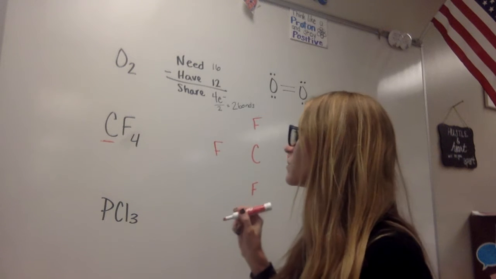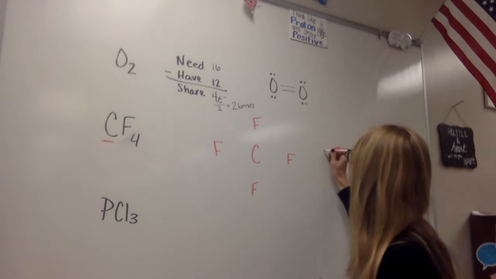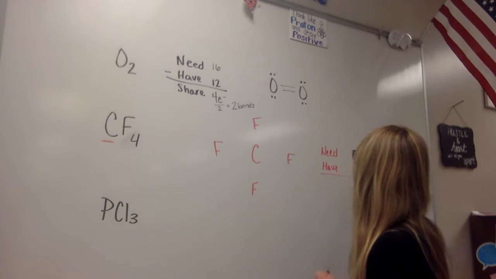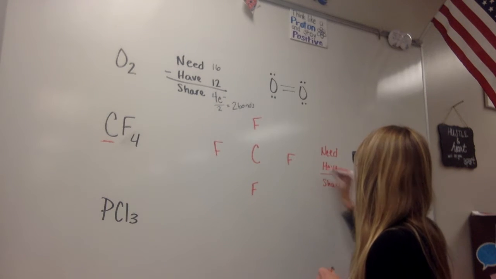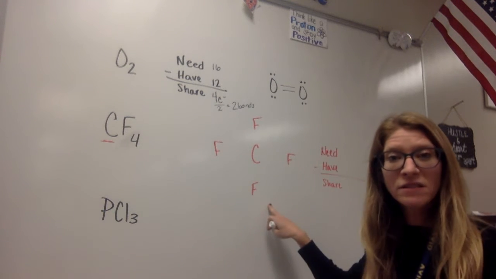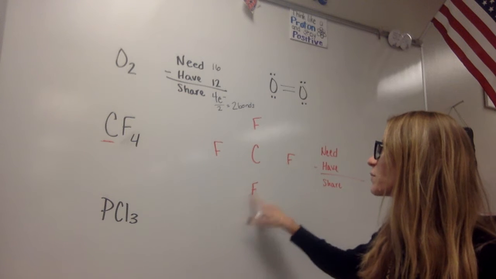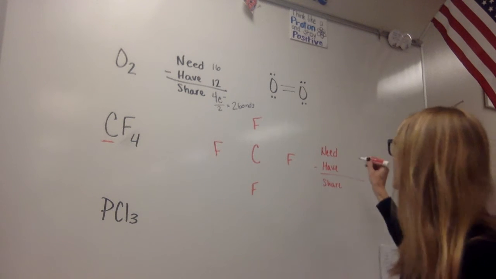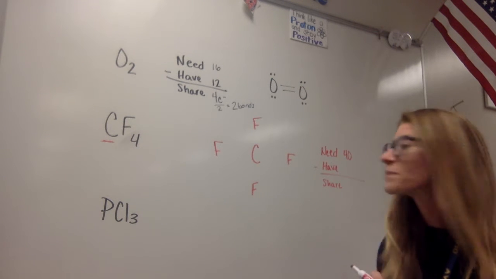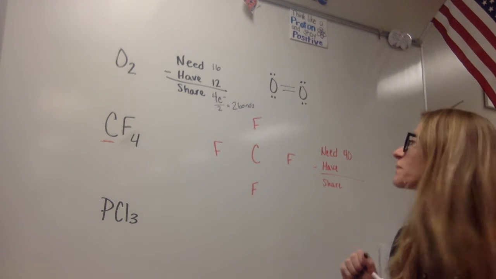Once you have that, then we'll do our need, have, share. I'm going to put that over here. For the need, all atoms need 8 electrons to be stable. So we have 1, 2, 3, 4, 5 atoms that need 8 electrons to be stable. So total, we would need 40 electrons.